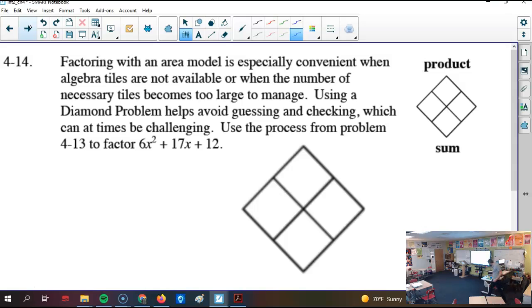What's 6 times 12? Ooh, 72 and 17. Those are some interesting numbers.